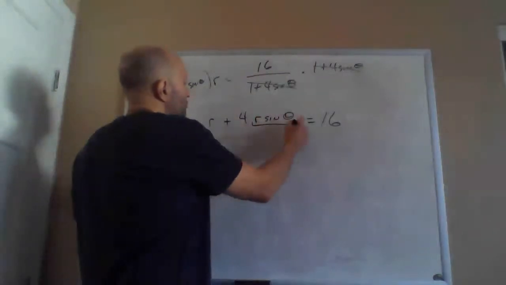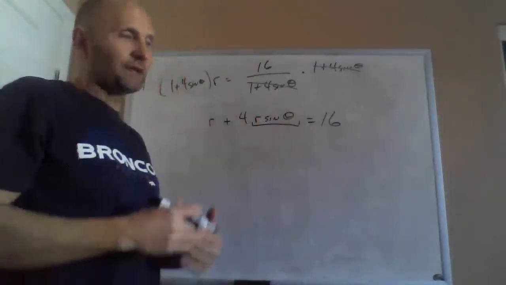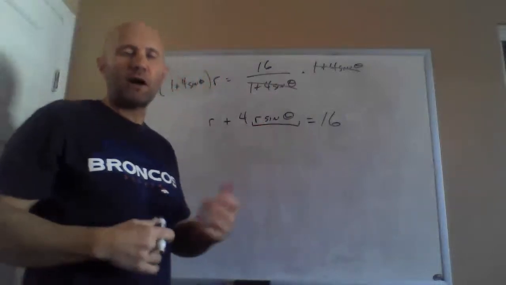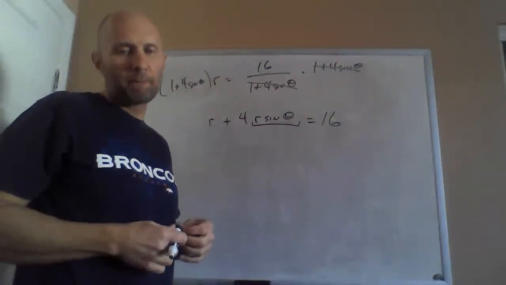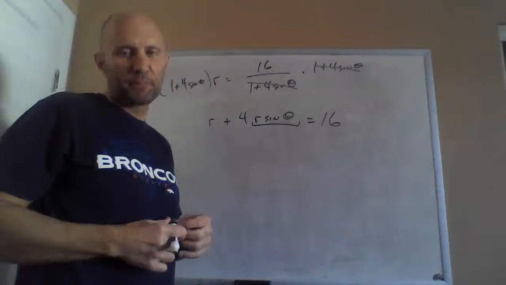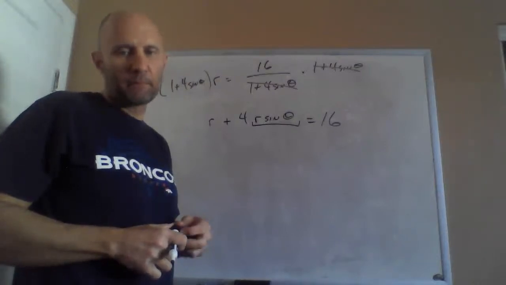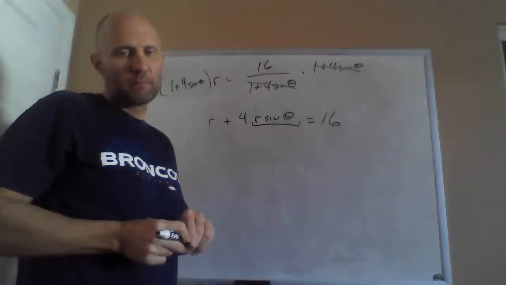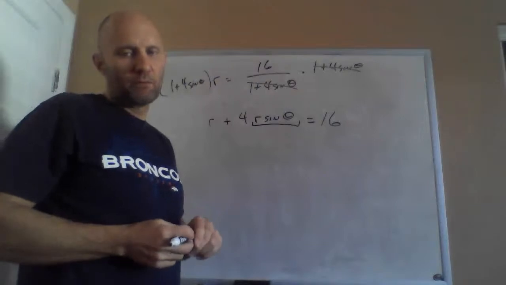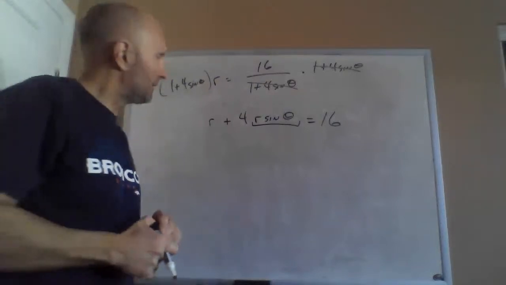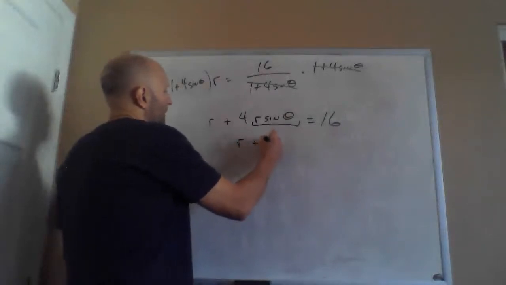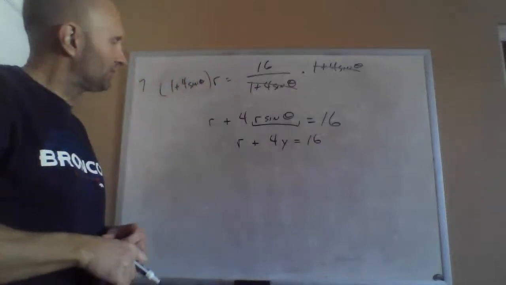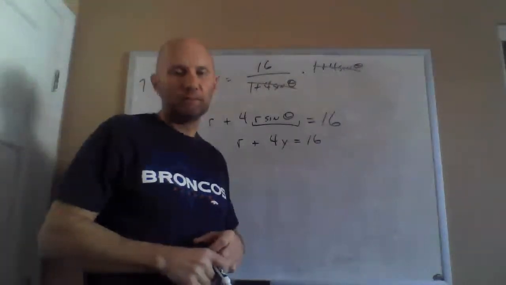So I can make a substitution here. Again, my ultimate goal is to get x's and y's in this problem. So I have an r sine of theta. What is r sine of theta equal to? Yeah, exactly, y. So this whole piece just converts to y. So we get r plus 4y equals 16.